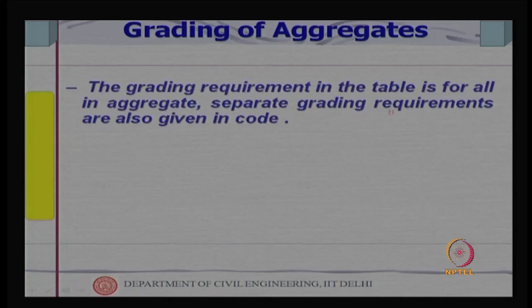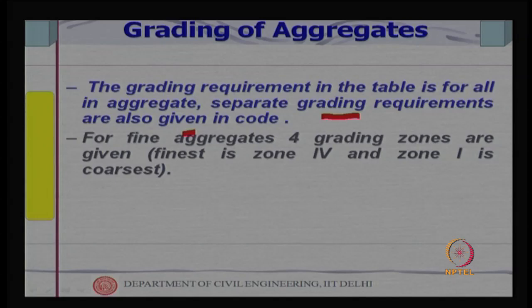The grading requirement in the table is for all aggregates; separate grading requirements are also given in the code. This is why the code gives you suggestions of grading in tabular form, which gives you the range of sizes that should be present in an overall aggregate system. For fine aggregates, we define grading zones, in the Indian code as well as in the BS code.